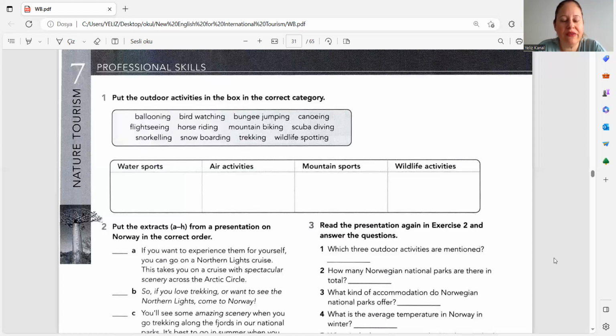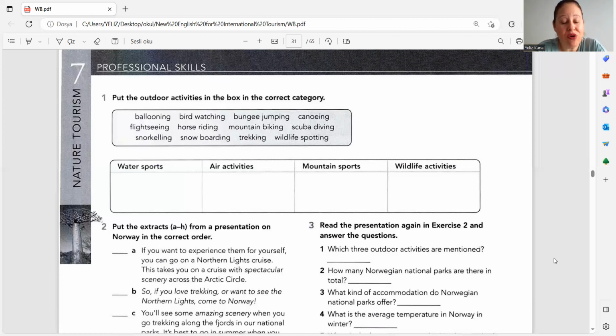Canoeing, scuba diving, what else? One more. Sorry, three activities for each of the 4 categories. And the final one is snorkeling. We have canoeing, scuba diving, and snorkeling for water sports.